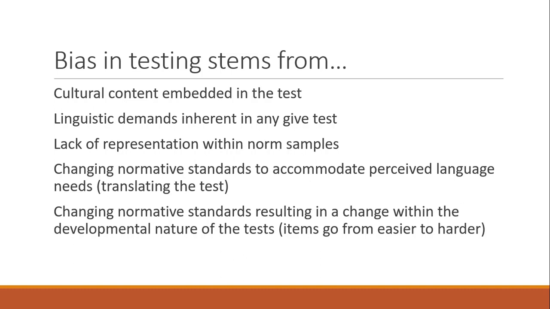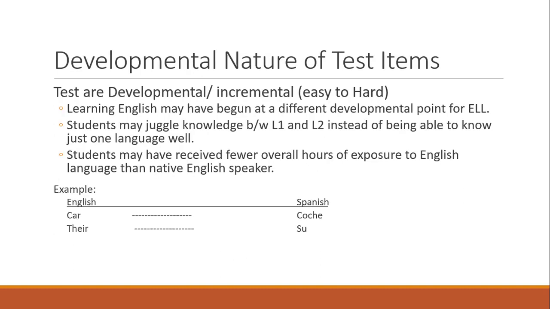So if you were to translate a test item, let's say you translate the word car into Spanish, it becomes coche, and you change a 3-letter word to a 5-letter word, and that process makes the word harder to read, but car would come early in a list of reading words, whereas coche would come later.